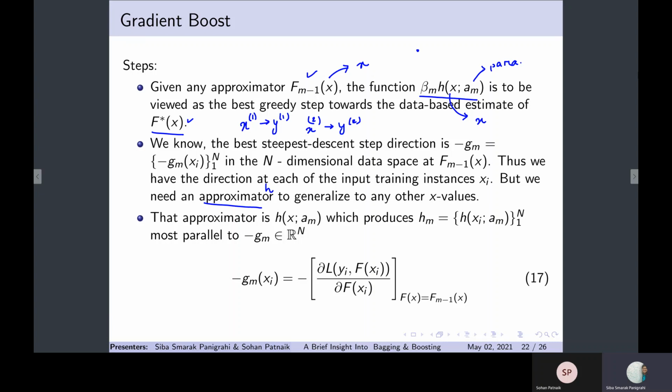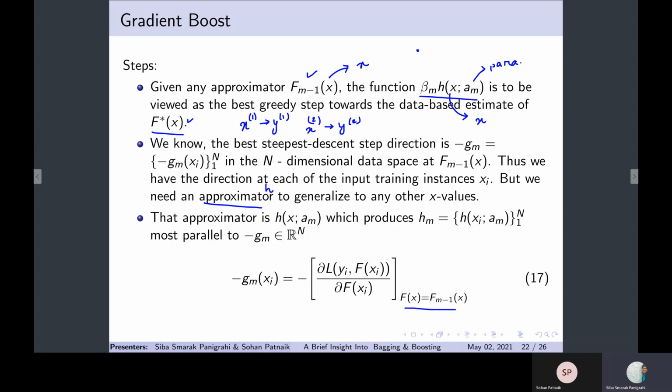Just to wrap up, we have a current approximator f m minus 1. We want to find an approximator for the steepest descent step direction, which should fit very well with that direction. Okay, we will see clearly what this means. First of all, what is this g m x y? This is simply the derivative of the loss with respect to the estimator, being the current estimator.